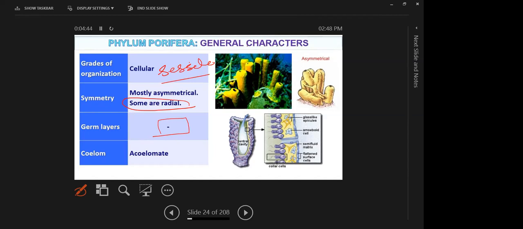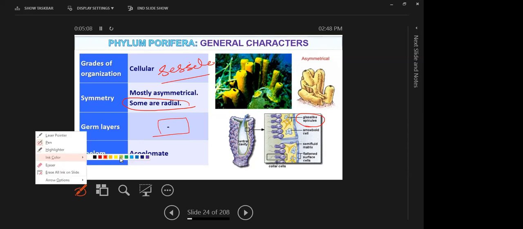So you can see here. For you guys, you can see large. I think the other students also can see here. These are the exoskeletons, they are called spicules. What do you call the exoskeletons? They are called spicules.